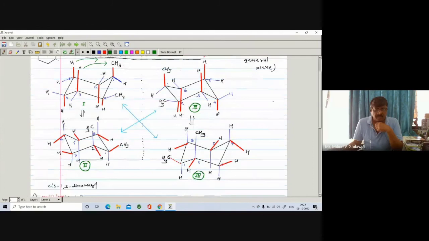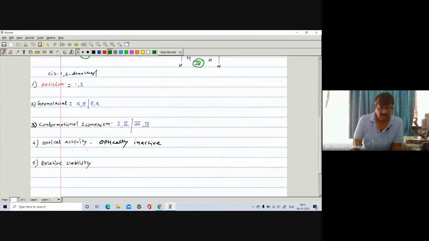So in terms of energy, there is the presence of two 1,3 diaxial interactions in this cis-1,3 dimethyl compound, and for each 1,3 diaxial interaction you have to add 0.9 kilocalorie per mole energy.